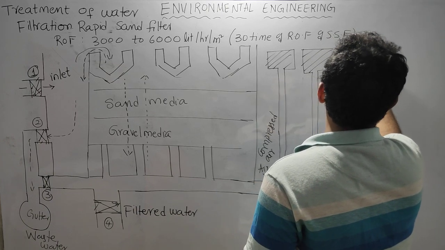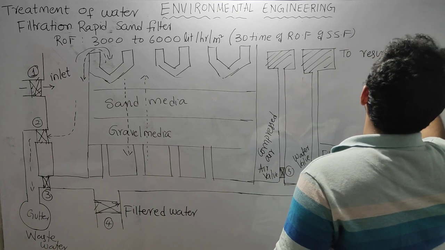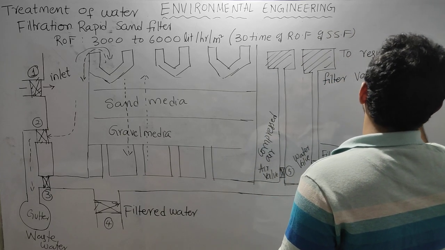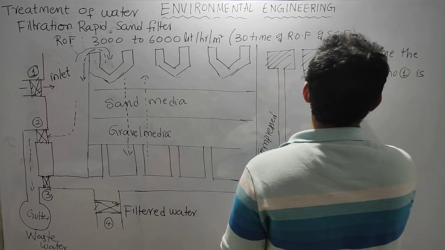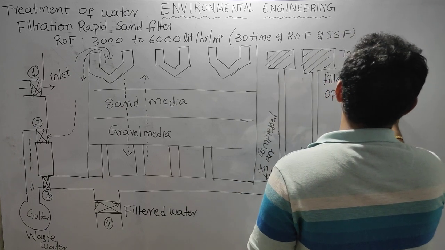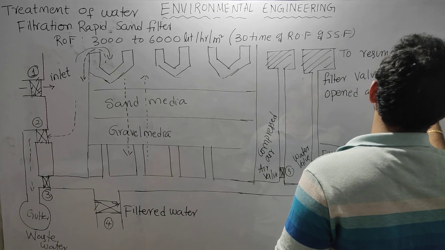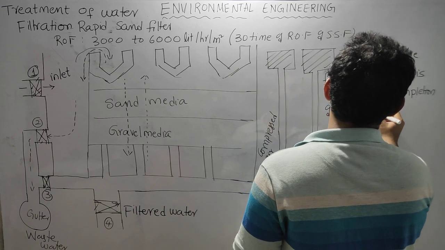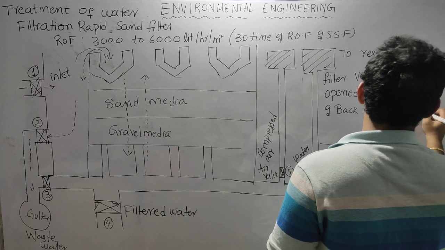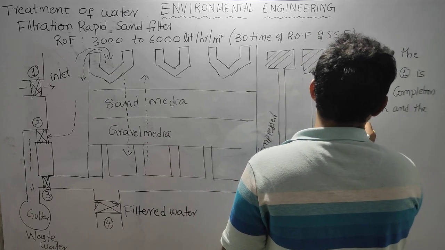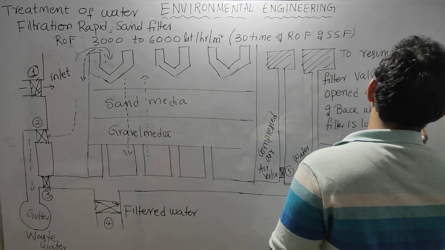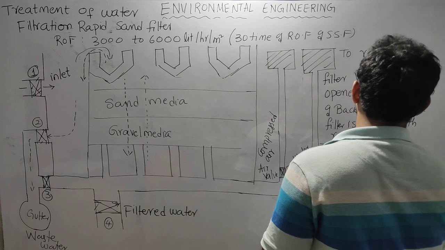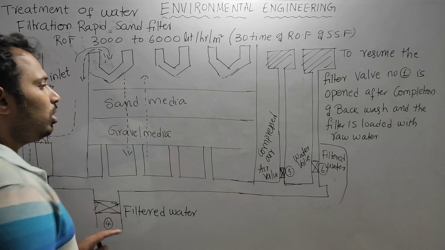To resume the filter, valve number 1 is opened after completion of backwash, and the filter is loaded with raw water, but valve number 4 is not open.